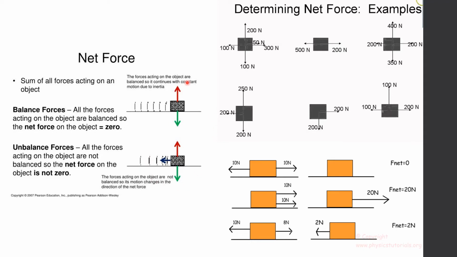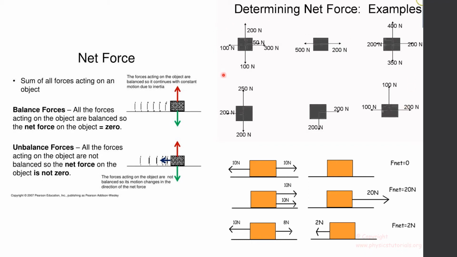So for example, here in this one, it is balanced, so this brick is not moving. However, this brick here, it's not moving vertically, but it's moving horizontally because we have here an excess force in the x-axis. So how do we determine the net force?